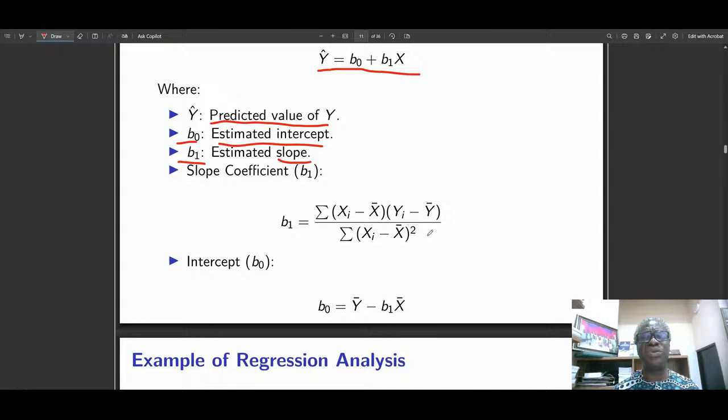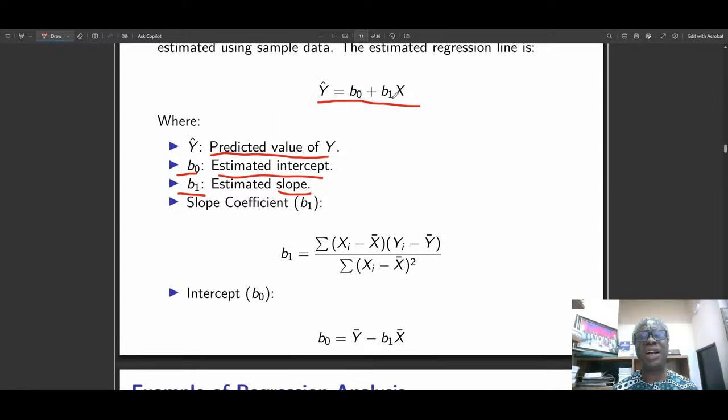So how do we calculate the value for the slope, b1? And how do we calculate the value for the intercept, b naught? You will always need to calculate b1 first before you calculate b naught, because you need the value of b1 in the formula for b naught.